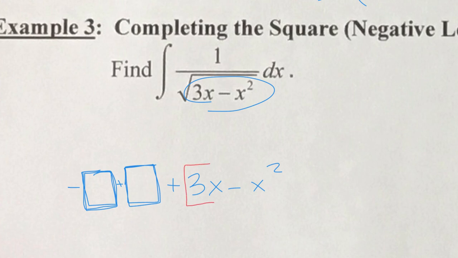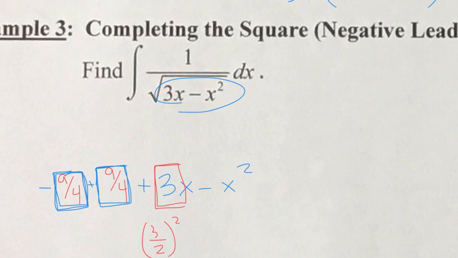Well, it's always half of this term squared. So half of 3 is 3 halves, squared is 9 fourths. So we're going to add 9 fourths and subtract 9 fourths, right? Because plus 9 fourths and minus 9 fourths, well, that's 0. So I'm not really changing my equation at all, am I?